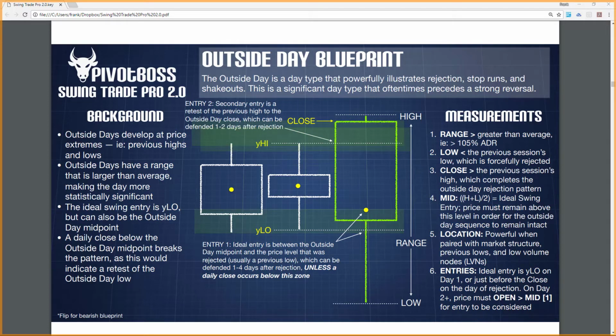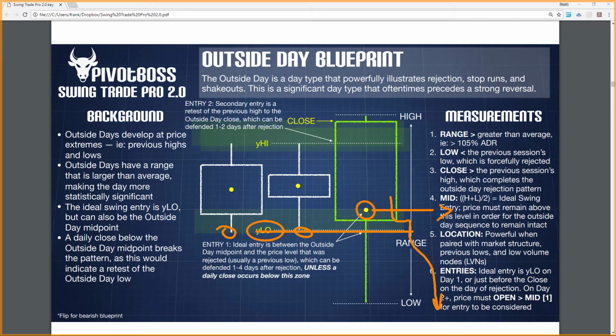So just like with some of the rest of the patterns, if price were to close below the midpoint in any of the upcoming days, this would break the pattern and would suggest a likely run for the outside day low. So again, very important to keep prices above the rejected lows, and then also for price to remain above the outside day midpoint.